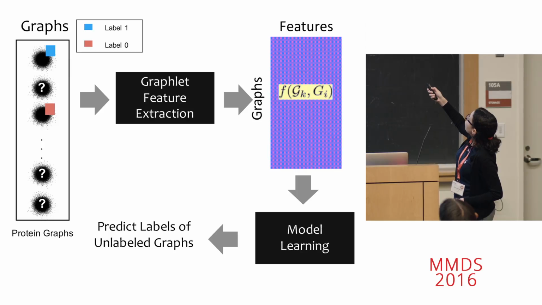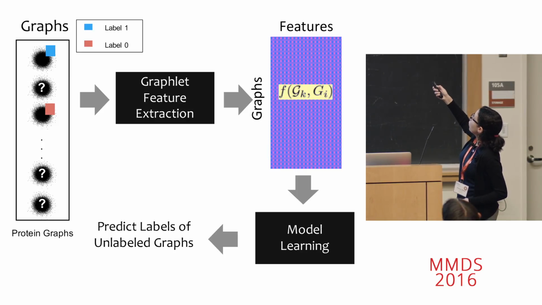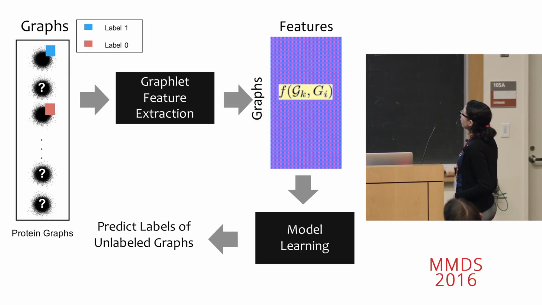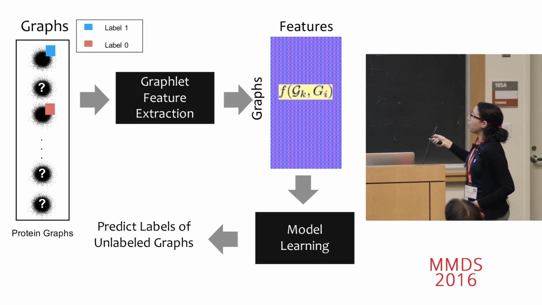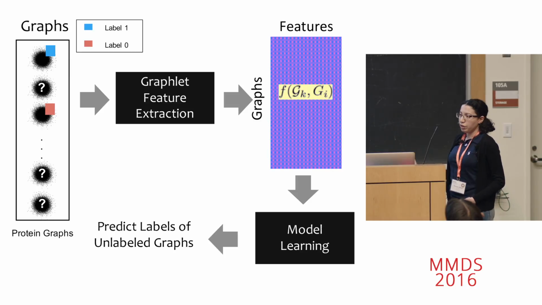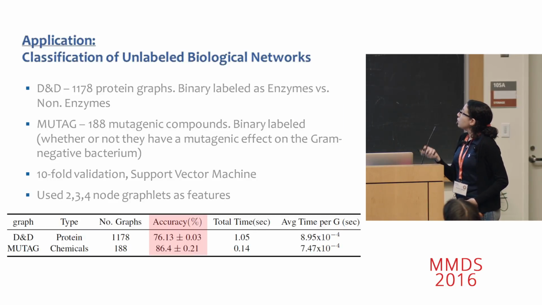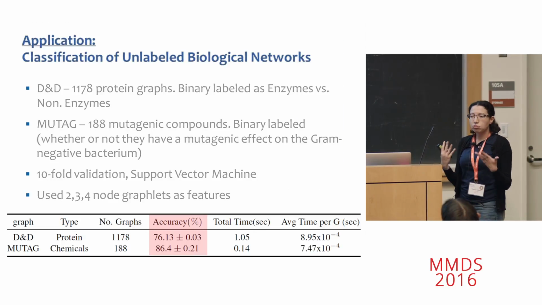Every graph is represented by a row, which represents the frequency of every graphlet in that graph. Once you do that, you can learn a model and then predict the labels of the unlabeled ones.